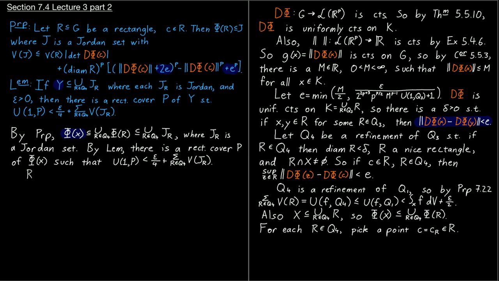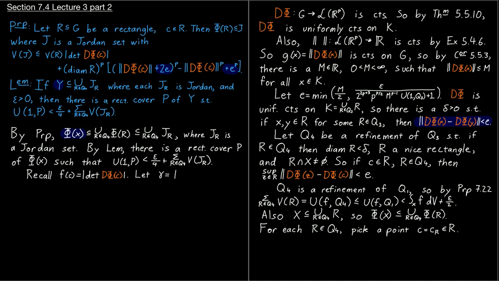Let's recall some notation. F of C is the absolute value of the determinant of d phi of C. And I'm going to need some shorthand.